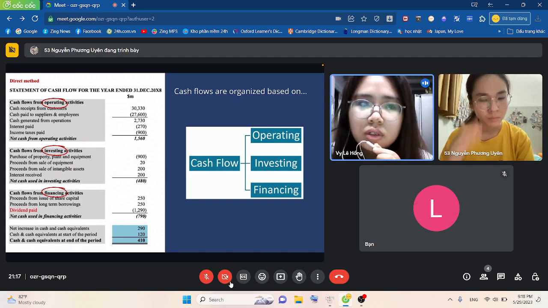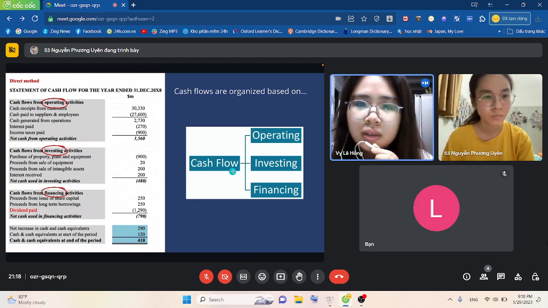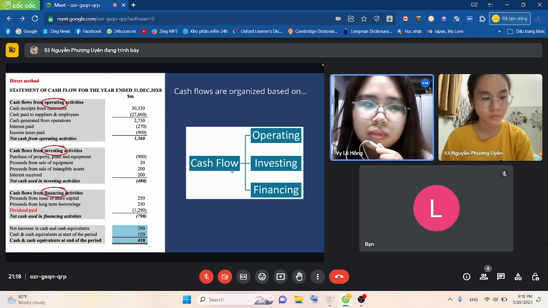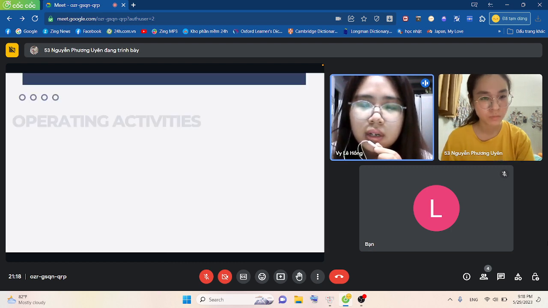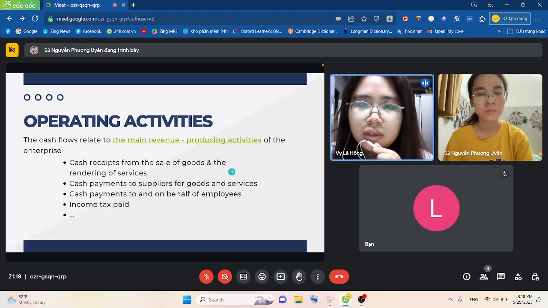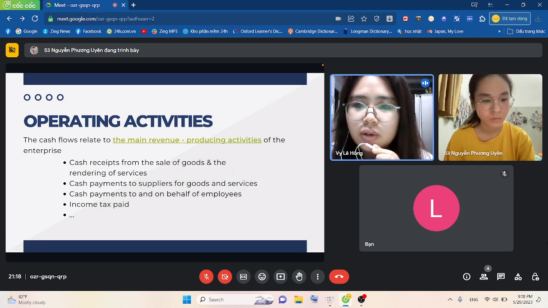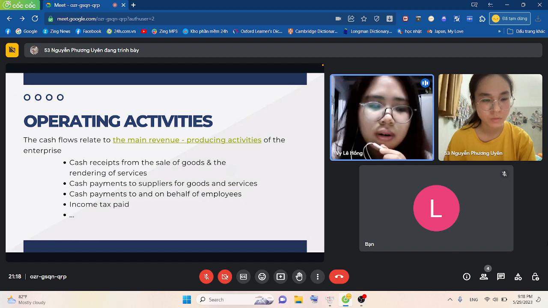The first is operating, the second investing, and the third financing. First, operating cash flow. The cash flow relates to the main revenue-producing activity of the enterprise. Example, cash receipts from the sale of goods or delivering a service, income tax paid, and cash payments to and on behalf of employees.